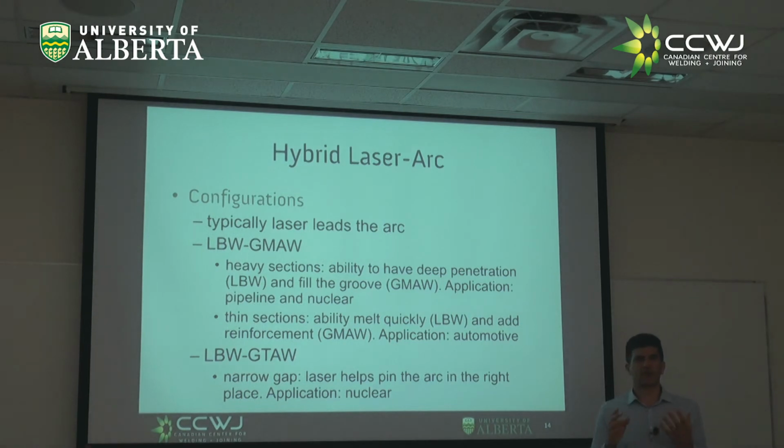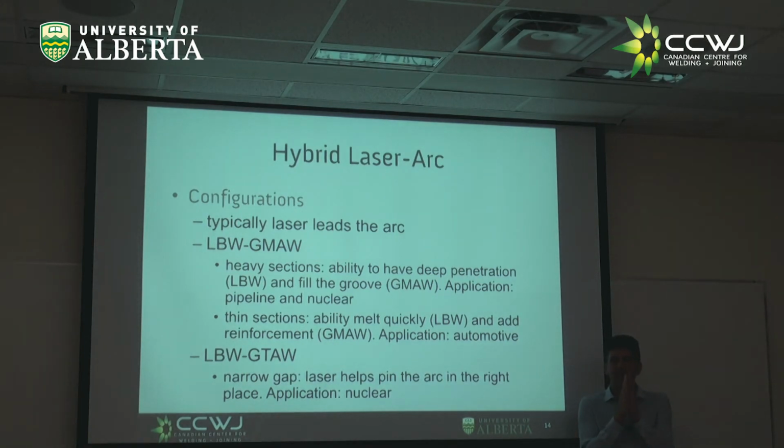One is heavy sections. For example, with a laser, you make a keyhole so you can penetrate deeply. But one of the problems is if your fit up is not perfect, right? There is going to be a gap there. So with a MIG, you put filler material to fill in the space.